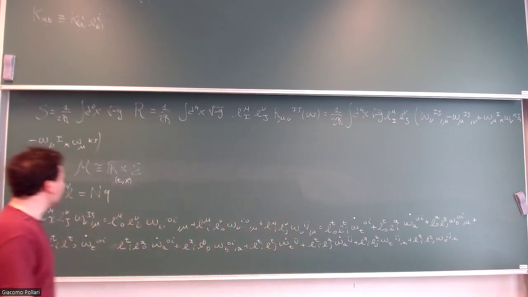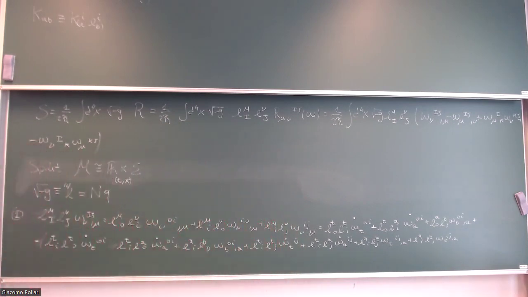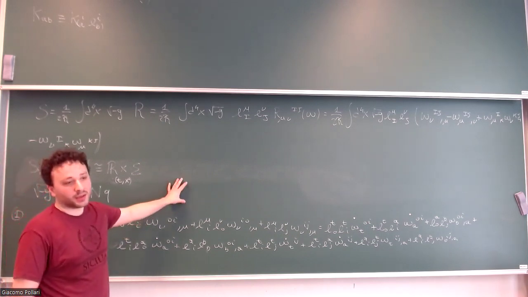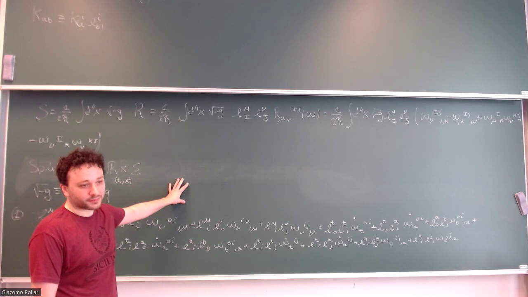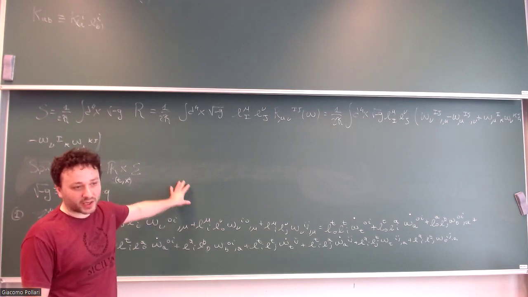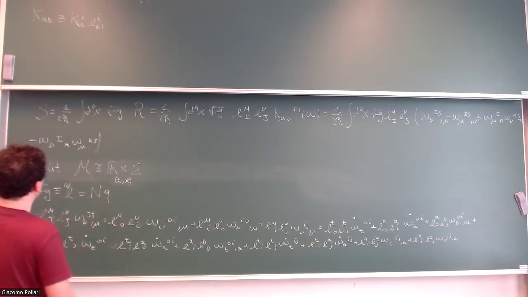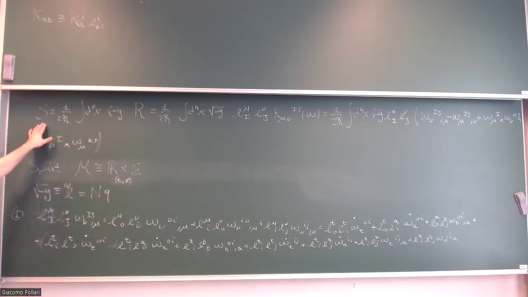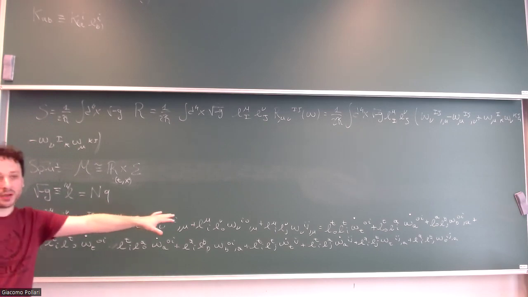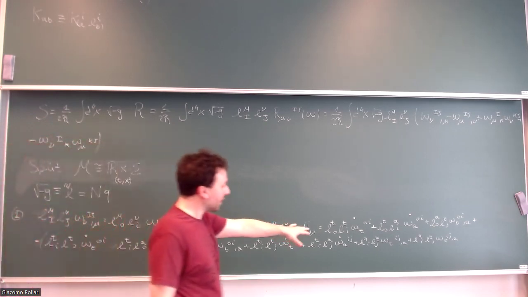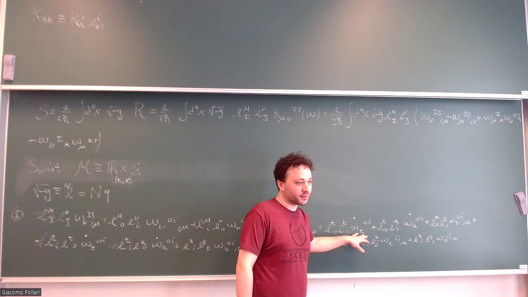So what we want to do after all the computation there is to define the momentum. Okay, so with the momentum, what we have to do is to vary the action with respect to the derivative of the connection. Okay.